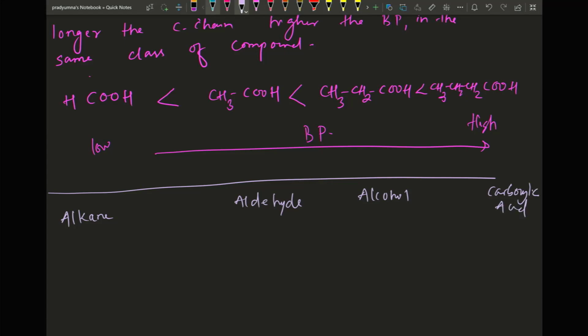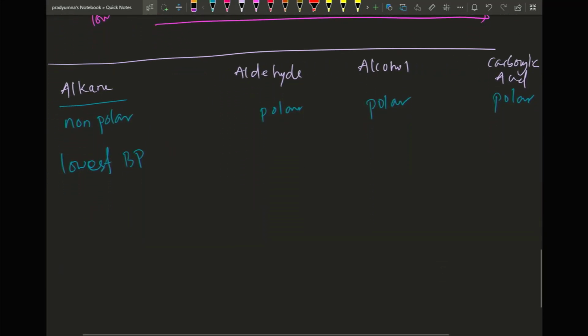Obviously alkane is non-polar, so this is always going to have the lowest boiling point. Everything else is polar. As long as the masses are comparable, the boiling point is going to increase from left to right.